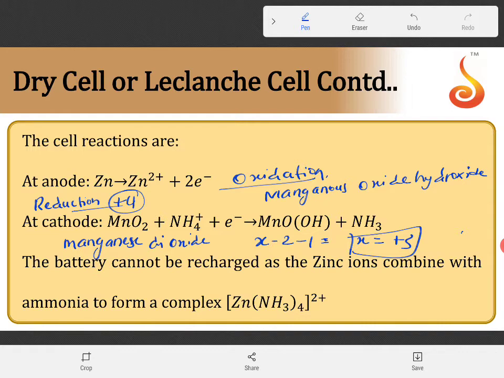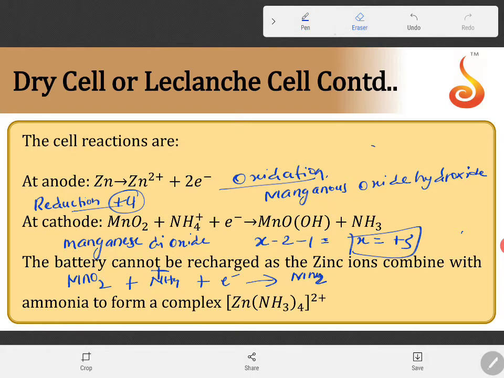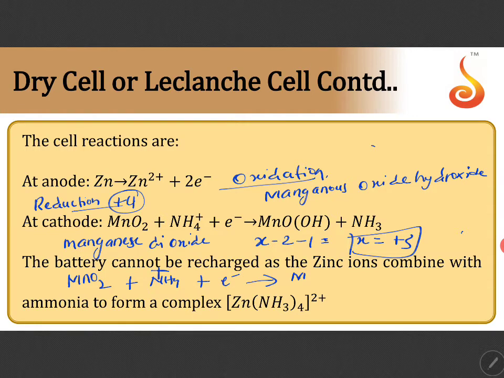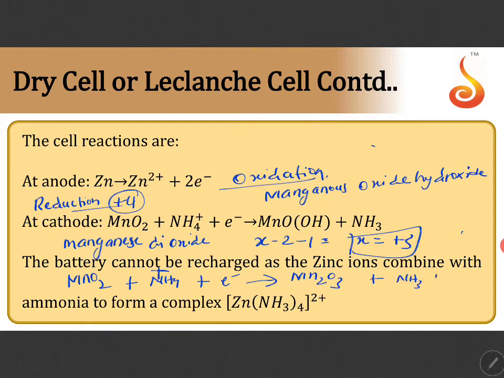Okay, now apart from this reaction, there is one more reaction which says that this compound MnO(OH) finally will decompose to form Mn2O3. So you can also take down this equation, 2MnO2 plus NH4 plus electron will give you Mn2O3 plus NH3 plus H2O.